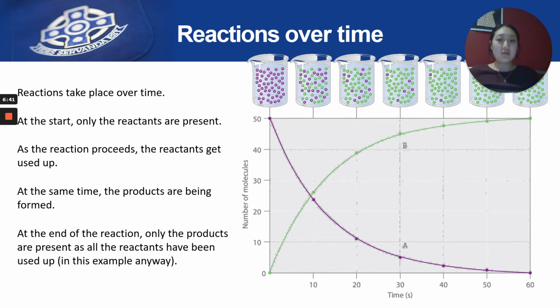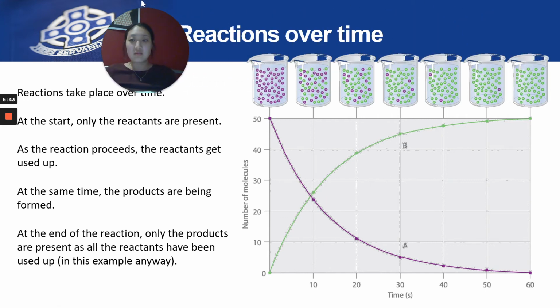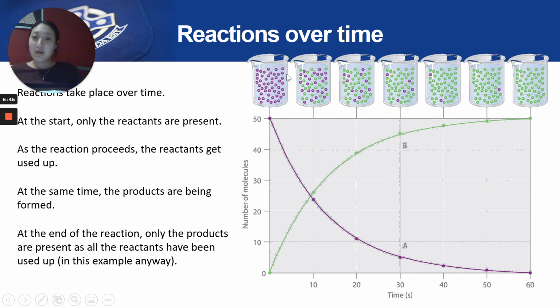Let's have a look at this. Reactions take place over time. Let's have a look at this example. We have the pictures here with the reactant particles being purple and the product particles being green, and we also have this graph.